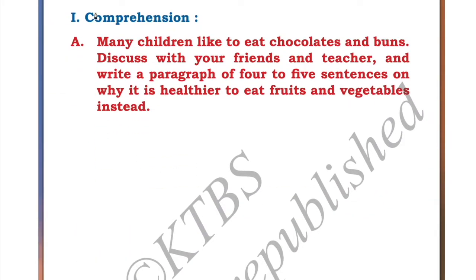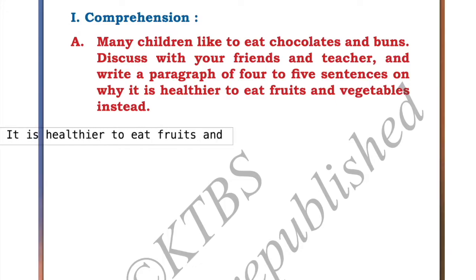Whenever we start any comprehension exercise, just make sure that you're starting with some sort of introduction. In this case, it is going to be, it is healthier to eat fruits and vegetables.